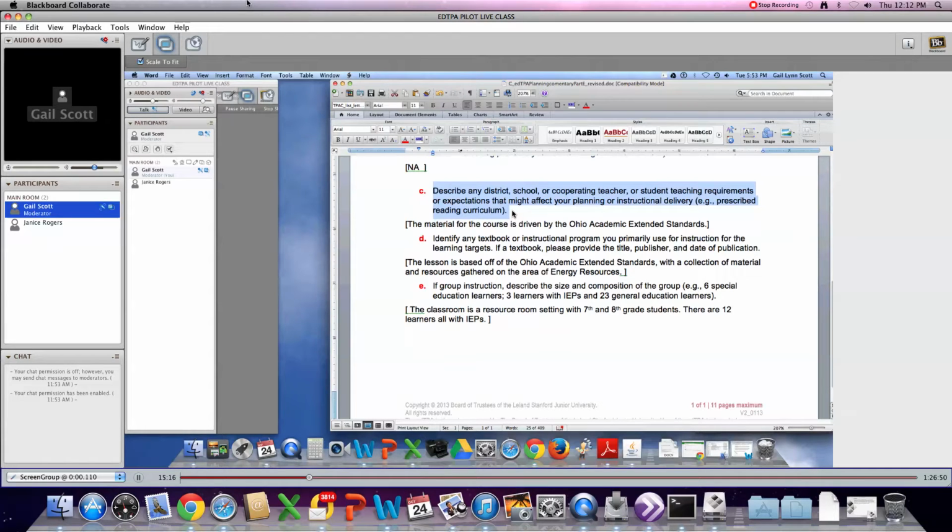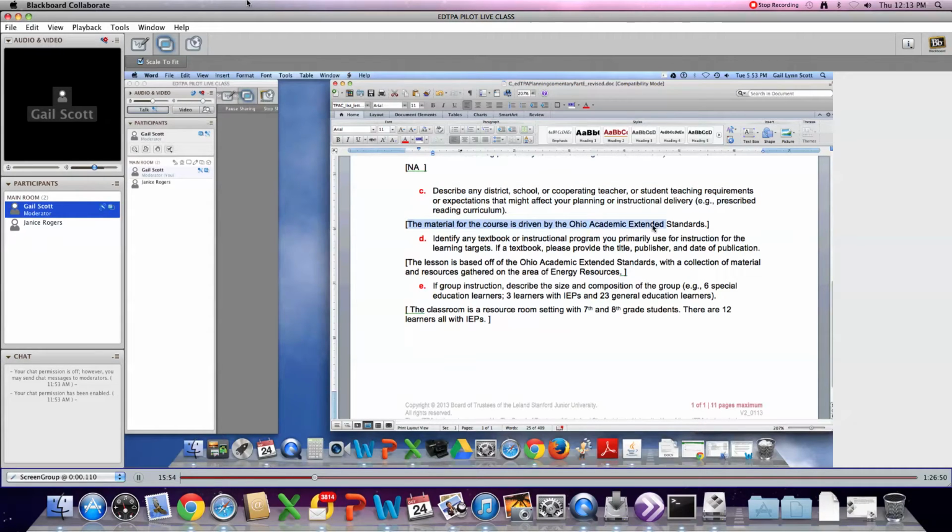Some schools have teacher's manuals where you're supposed to read exactly the words in the teacher manual while you instruct them. That's to idiot-proof the instructions, so it follows the research-validated instruction of the program. So if you have any requirements like that where you have to do phonics first, followed by word study, followed by applied reading, or anything like that, if you have any kind of structured program that's the lesson you're going to write your lesson plans for, you have to explain this here, okay?